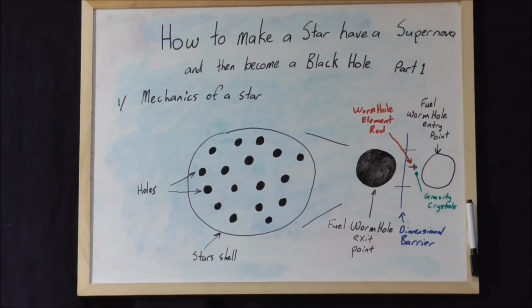So you pull them all off and it shuts the wormholes down completely. The star's shell runs out of fuel and ceases combusting, and there we've turned a star off. That's the first phase of how to make a star have a supernova.